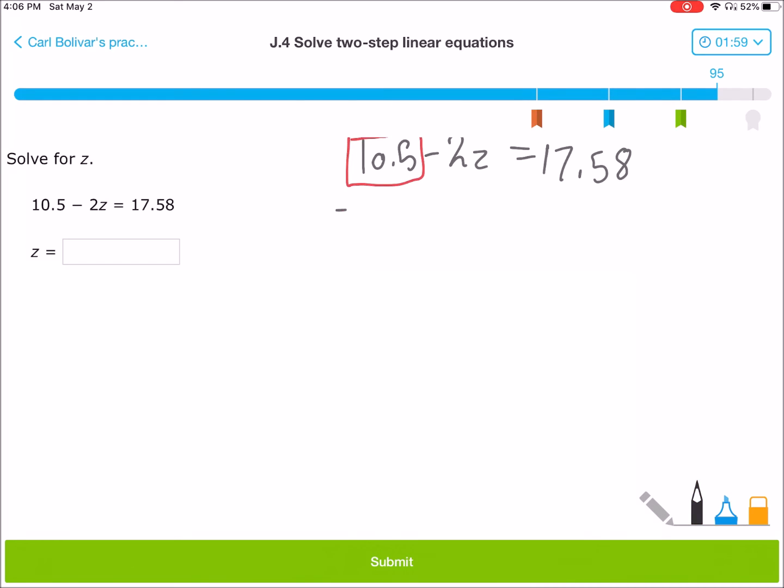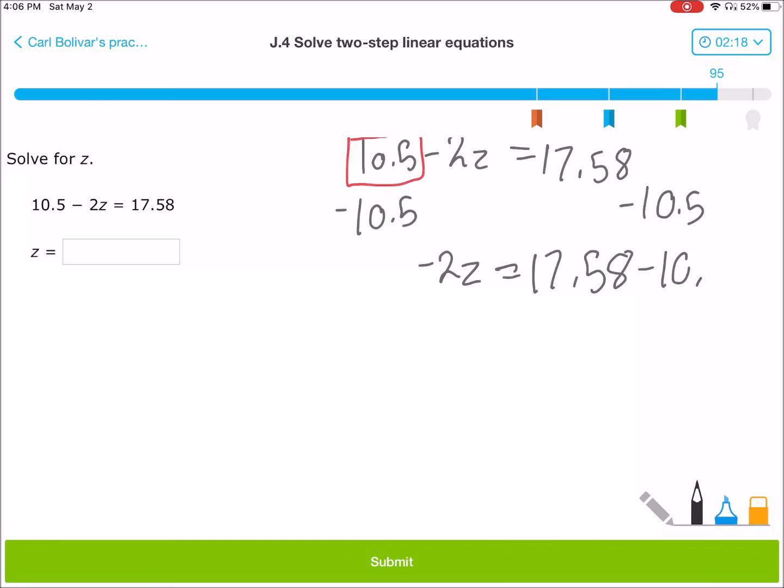So we will subtract 10.5. We will subtract 10.5. What we're left with is negative 2z is equal to 17.58 minus 10.5. Okay? Now we have to simplify these two numbers.